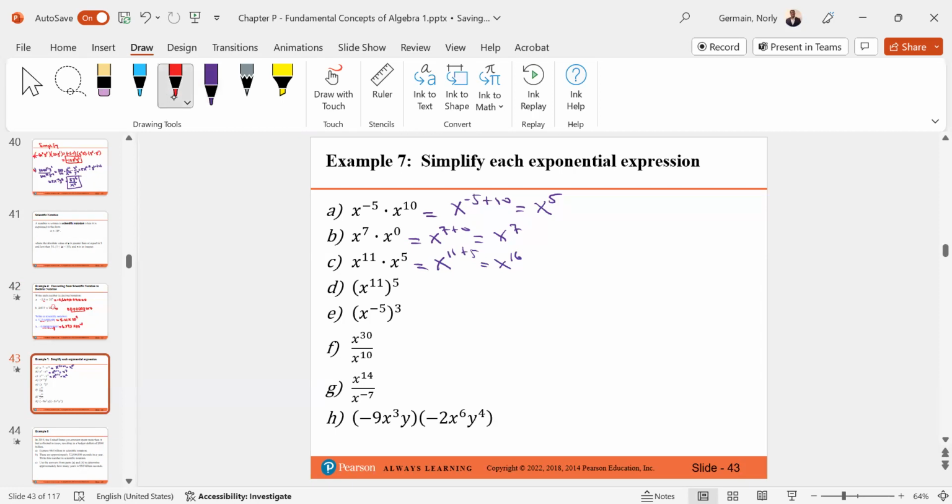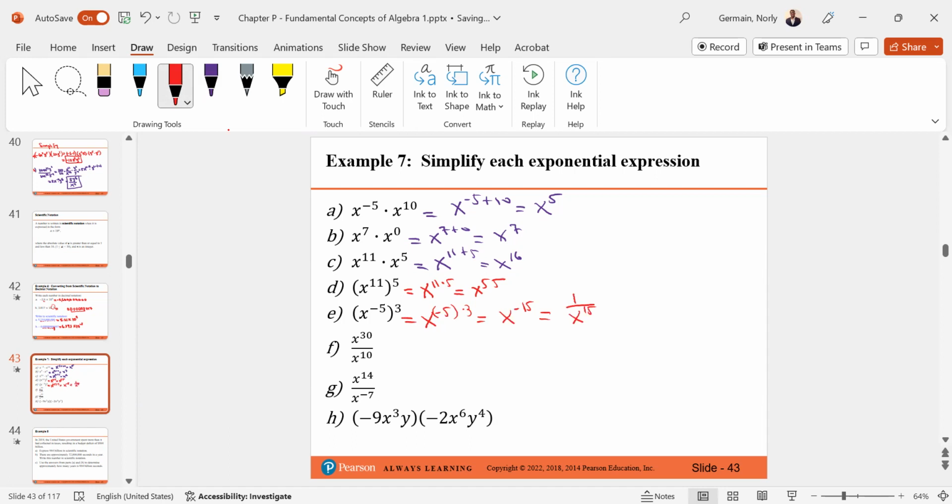We can go with some other examples right there. For example, we multiply the exponents. So 11 times 5, because with a power of a power, we need to multiply the exponents, right? -5 times 3: x power -15, but you can still rewrite it as 1 over x power 15 and make it positive.